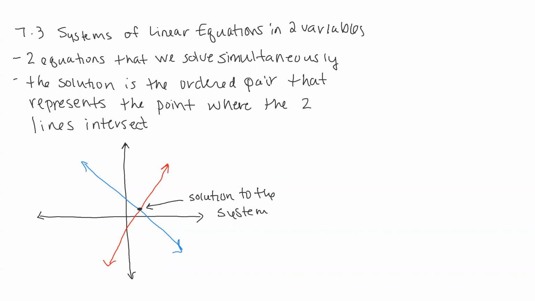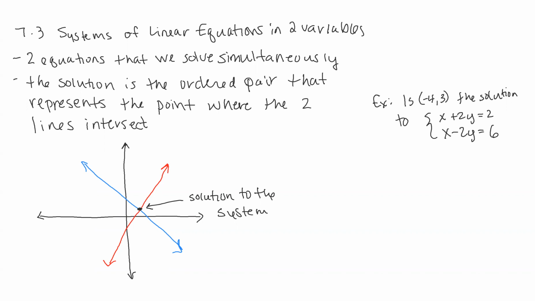What I want to do first is show you how to check to see if an ordered pair is the solution to a system. Okay, so first example here: is the ordered pair -4, 3 the solution to the system x plus 2y equals 2, x minus 2y equals 6?